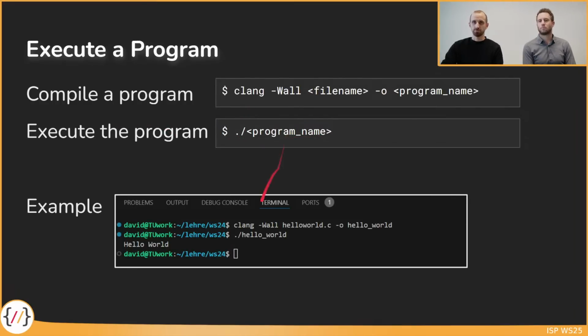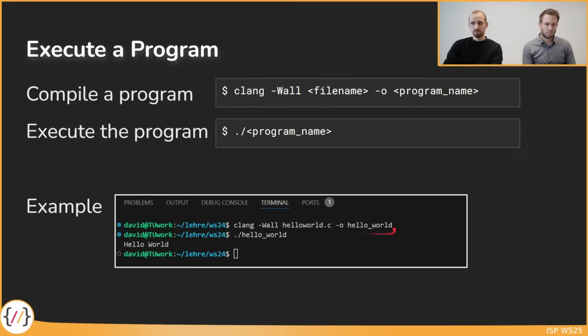the program name. So here's an example. When we are in the terminal, we call this command, pretending that our file we have written, our program, is named helloworld.c. So in C, the programs are written in C, have also the ending .c. Pretty straightforward.